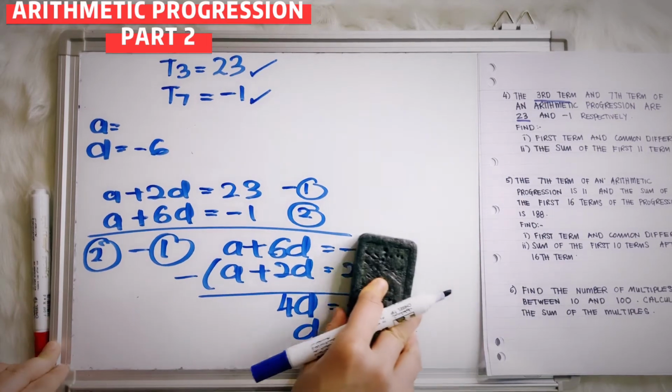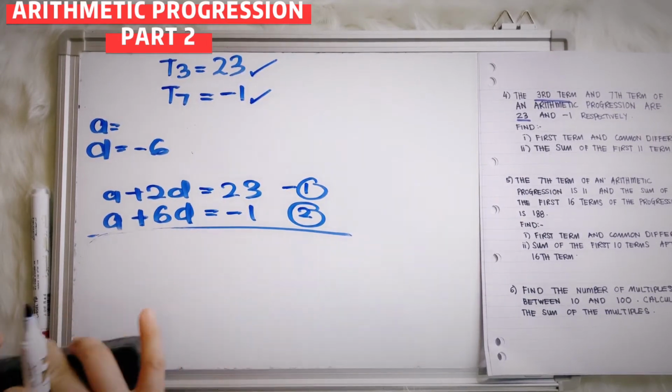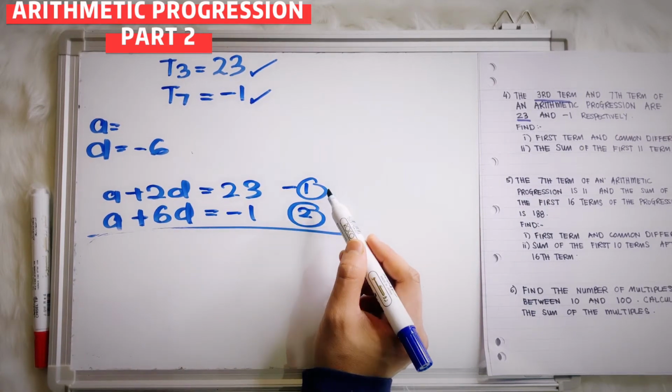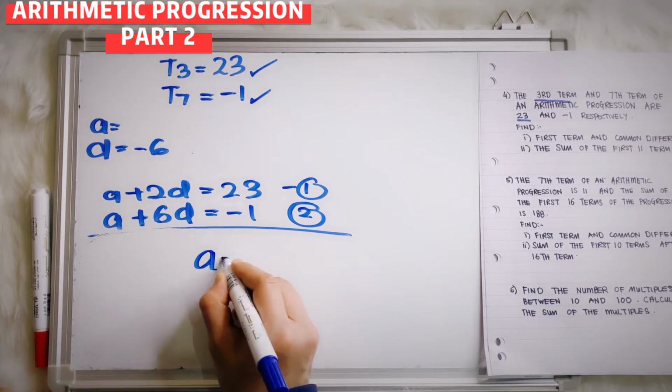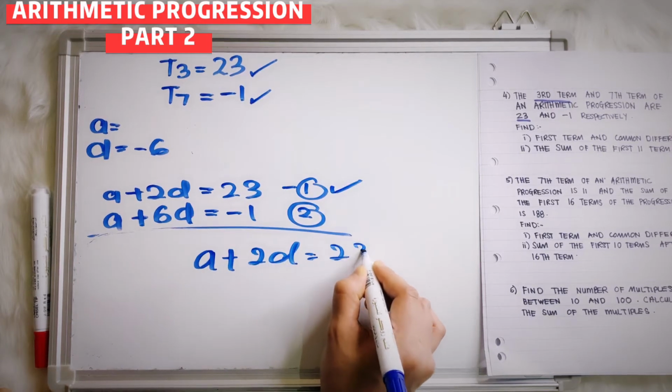Now, how to find the A value? You have to substitute into either the first equation or the second equation. I take this one, A plus 2D equals 23.